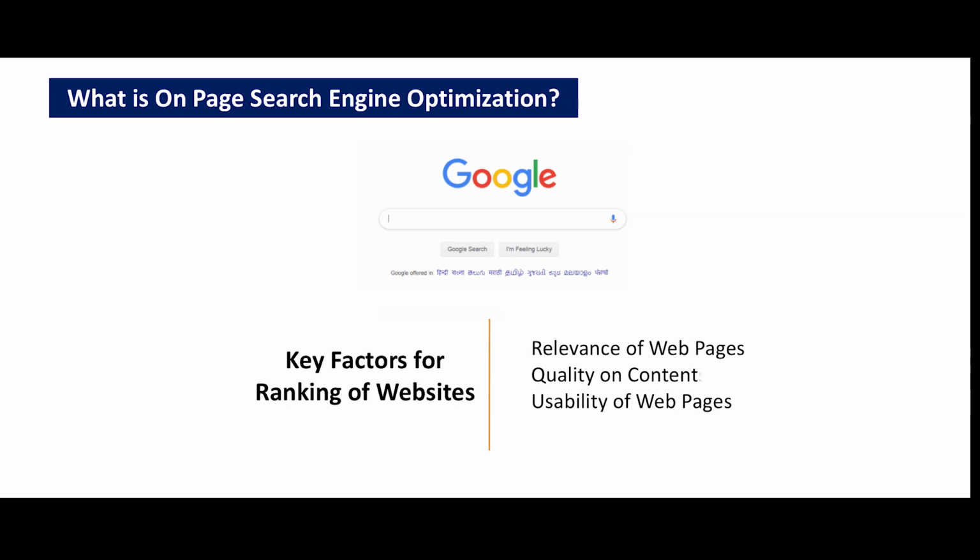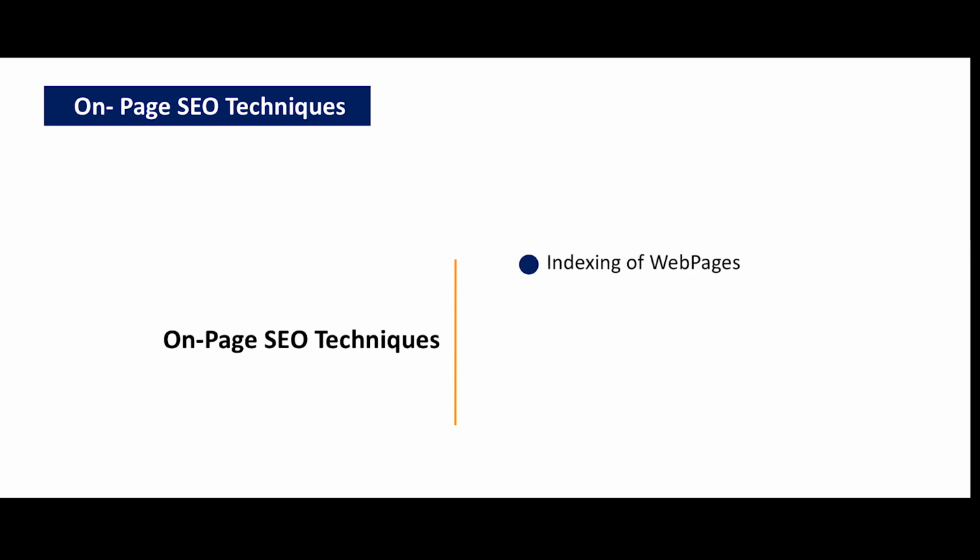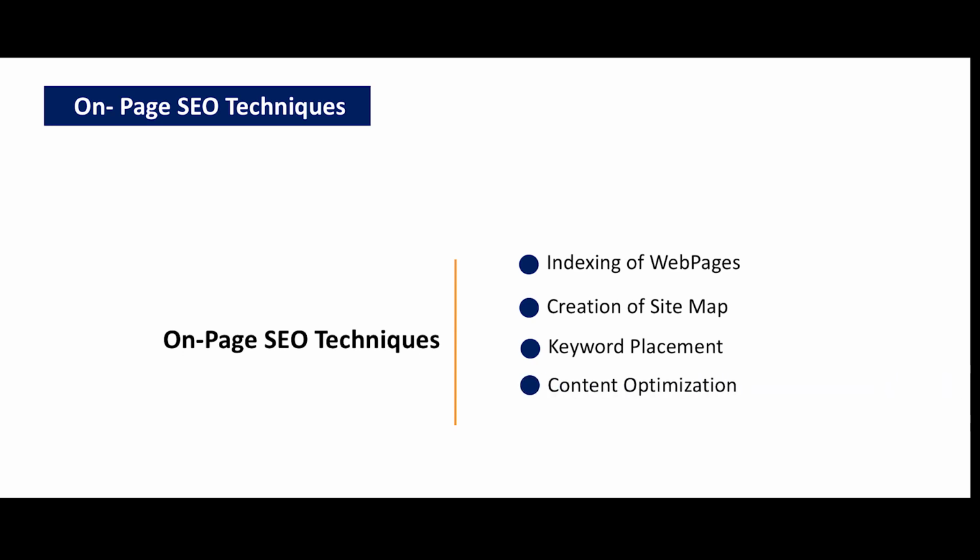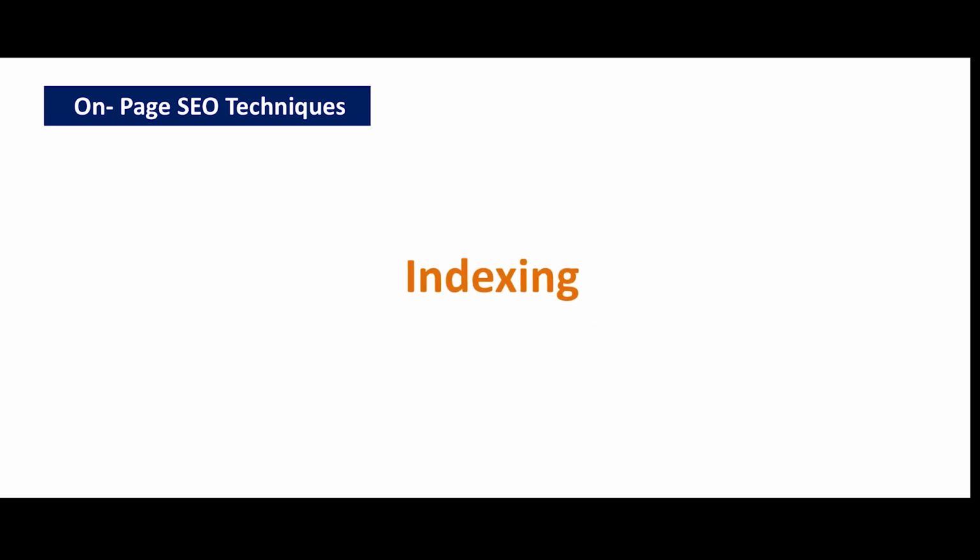Following is the comprehensive list of on-page SEO techniques, though not limited to these: indexing of web pages, creation of sitemap, keyword placement, content optimization, and many others. Let's begin with indexing of web pages.